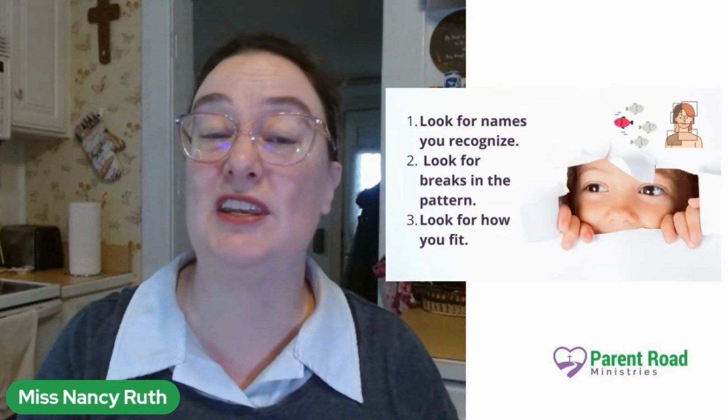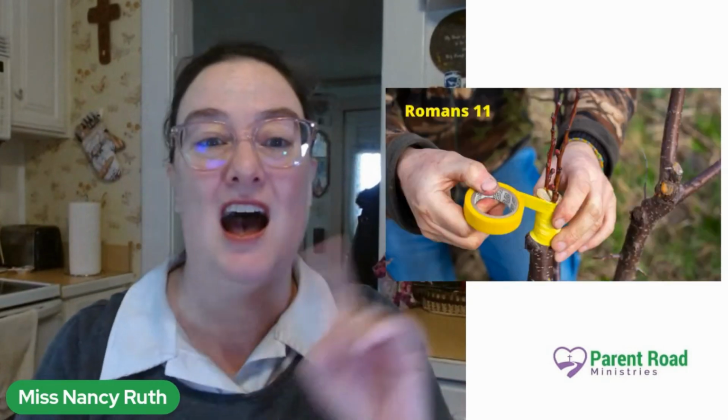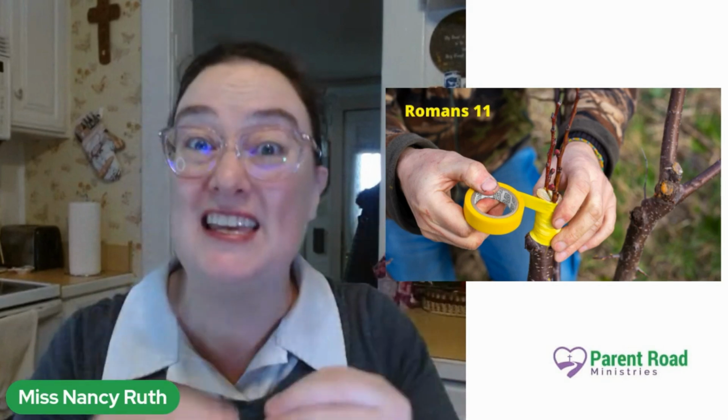And the same is true of genealogies. So look for how you fit. Now, if you're Jewish, this is a lot easier because you probably know your family and how you fit into the line of Israel. And if not, go ask somebody, one of your relatives, and they'll help you out. All right. What if you're not Jewish like me? Okay. You still fit in this genealogy because of faith in Jesus Christ.